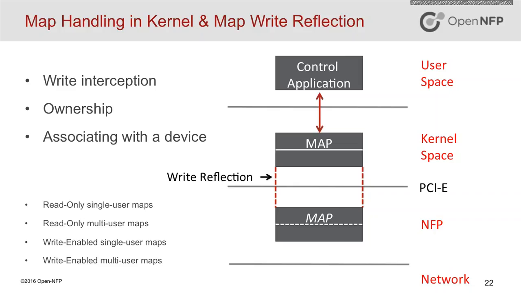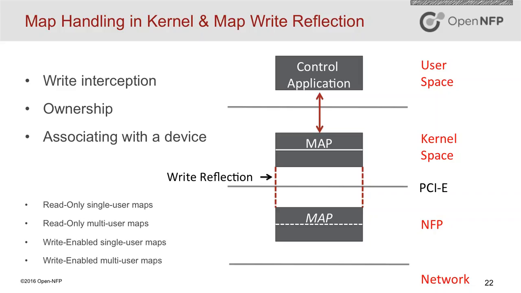If we wanted to use the host copy from the NFP, it would be too slow across the PCI bus to fetch information from the map, which is not acceptable, unfortunately. So in the bottom left corner, I specified the four most basic use cases and configurations of maps. I will now go through them.